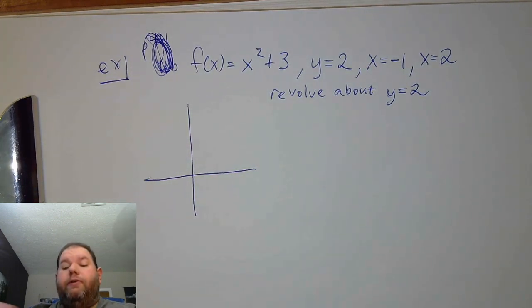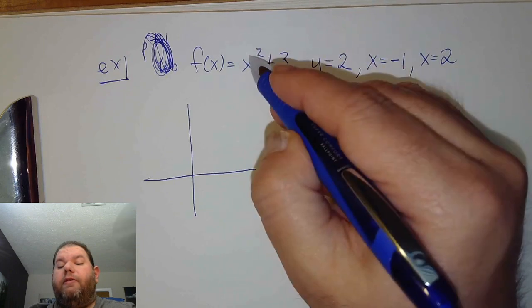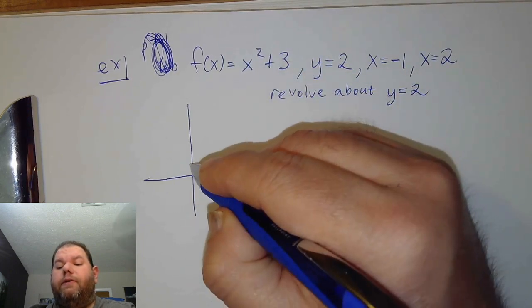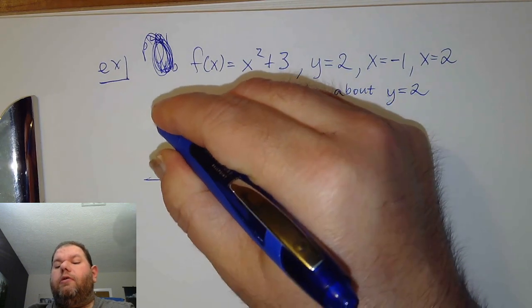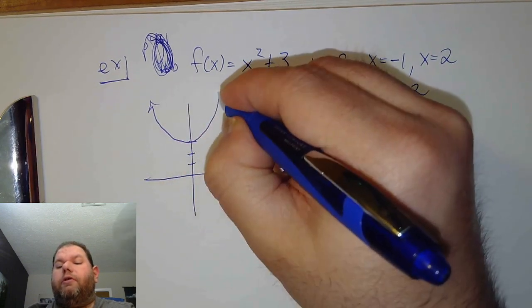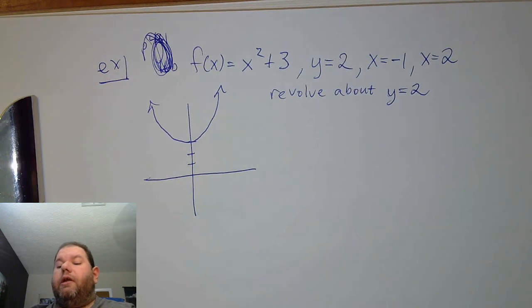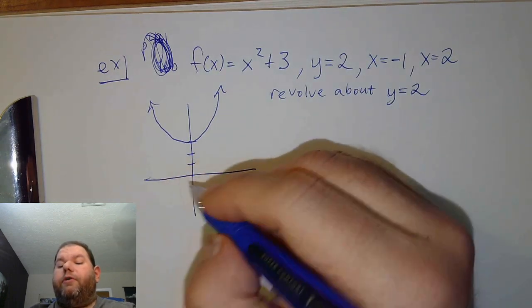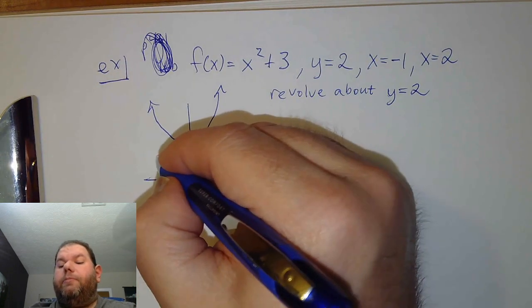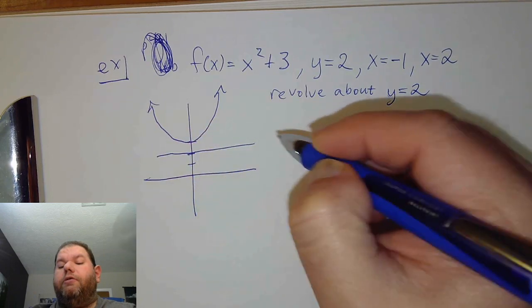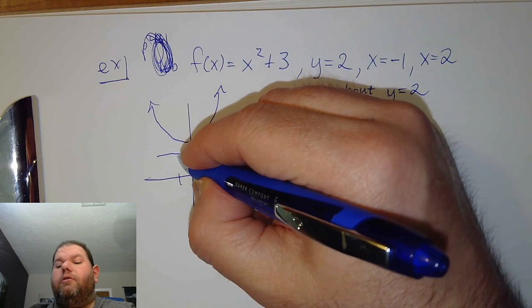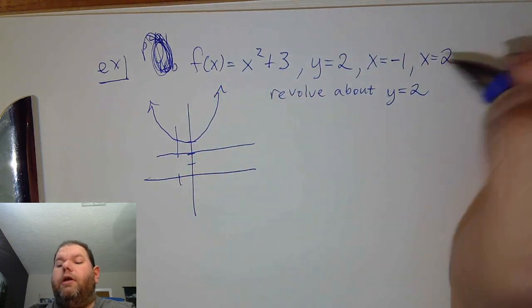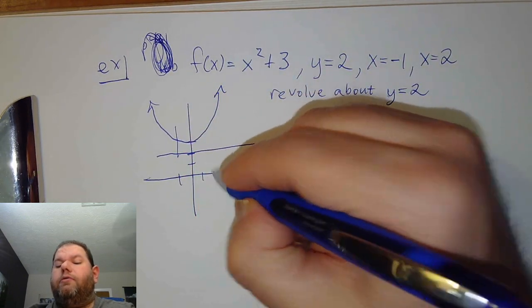So, x squared plus 3, this is a parabola that's been moved up 3 places. Not a great looking parabola, but there we go. We have y equals 2 as another boundary right here. X equals -1 and x equals 2.